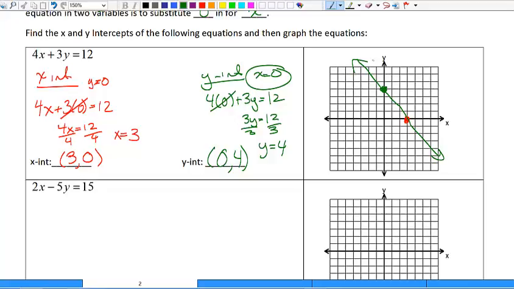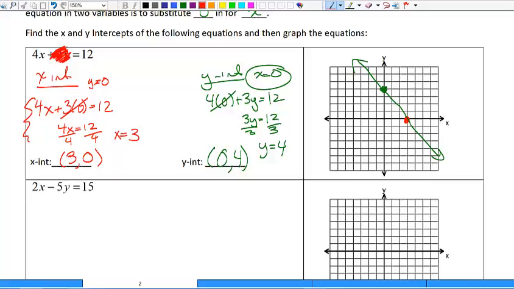2 points, the x-intercept and the y-intercept, was sufficient to draw a straight line. Now when they're in this form, in standard form, where the 4x plus 3y equals 12, where the x and y are on the same side, there might be an even easier way to do this. I call this usually the cover-up method. I don't really have a finger where I could cover this up, so I'm going to go ahead and scratch it out and erase it, but you would just use your finger. When I'm trying to find the x-intercept and I know y is equal to 0, instead of writing out all of this work, what I could do is put my finger on top of the y coordinate, because I know 3 times 0 is always 0.